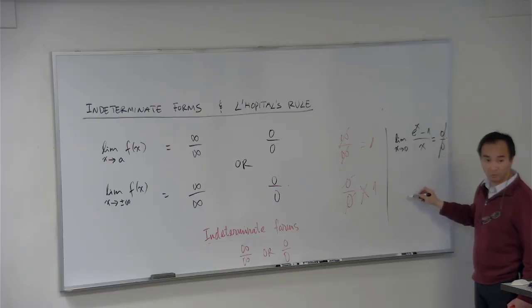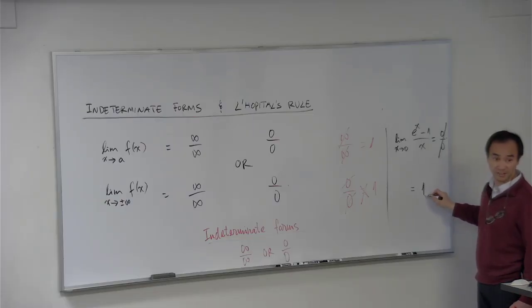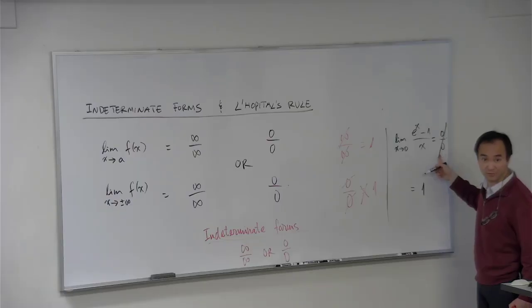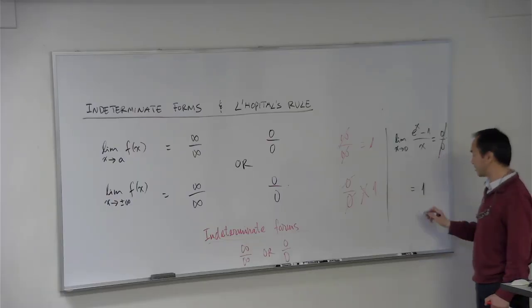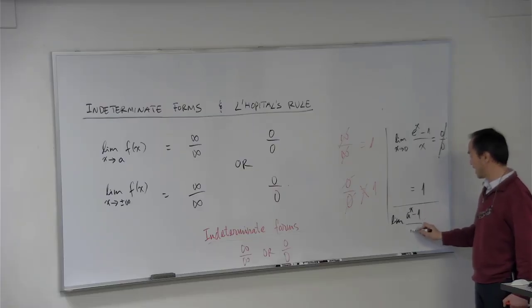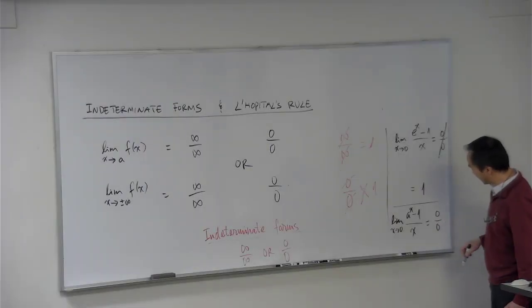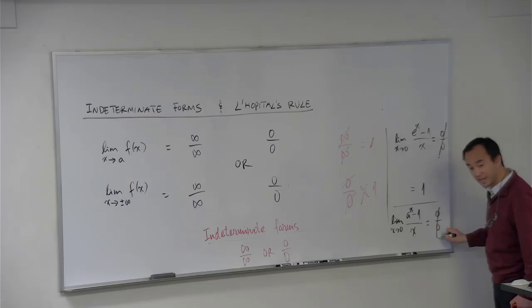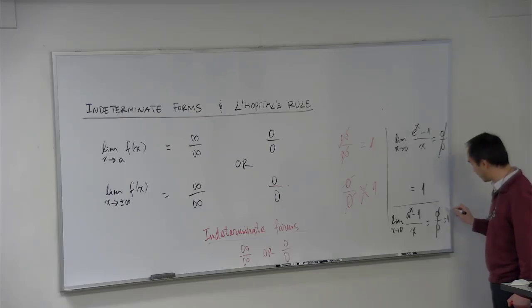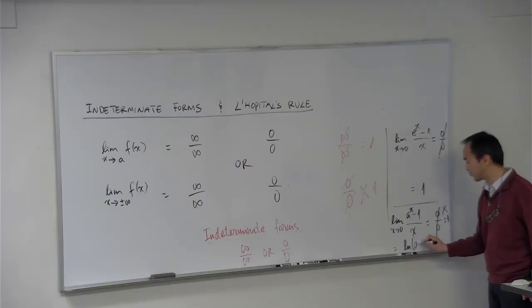We used other methods to come up with the answer being 1, not because we canceled out the zeros. Otherwise, take the limit of a to the x minus 1 over x. That limit is indeterminate again, but if we brutally canceled out the zeros, it would be 1. It's not equal to 1, because the real answer we've learned is the natural log of a.